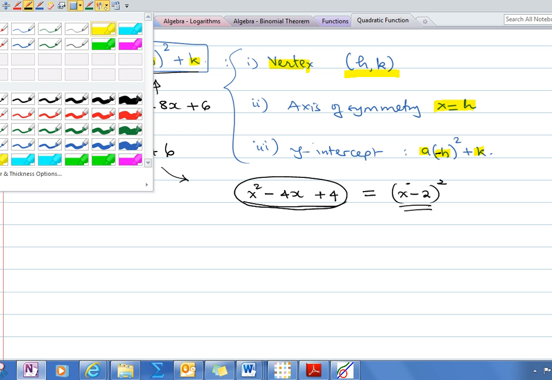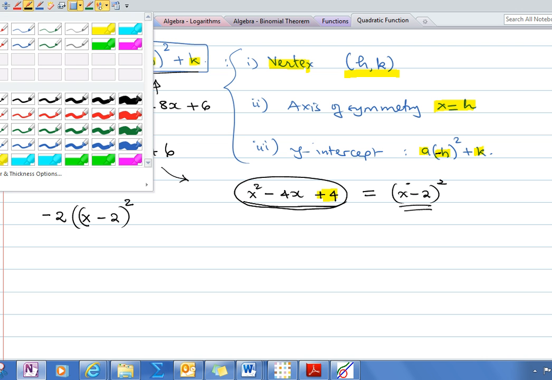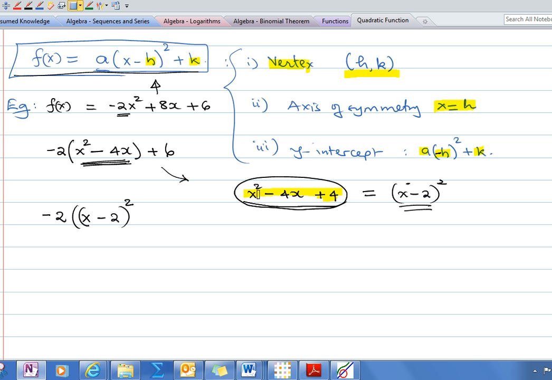Now that 4 there is going to be an extra value that we need to take care of at some point. But at this point, I would like to replace this with (x minus 2) squared, and that is equivalent to all that. So to make it what I want it to be, which is x squared minus 4x, I need to take away that 4 out there, and the final part is 6.